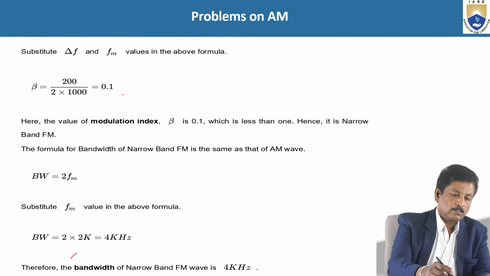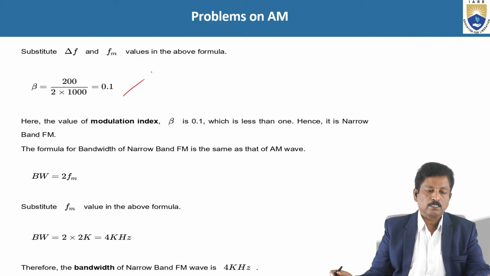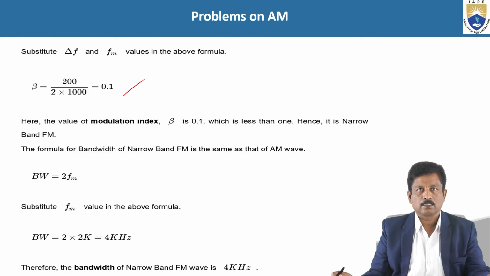So we get 0.1 as the modulation index. Overall, beta is equal to 0.1.